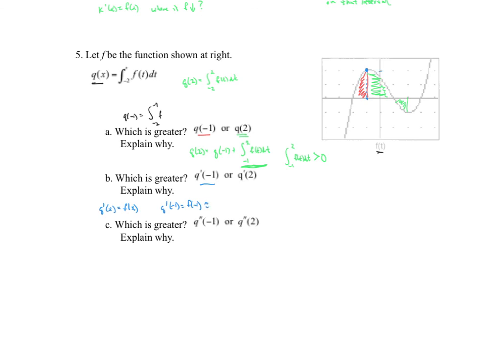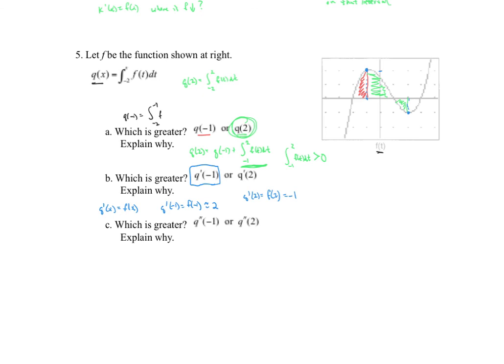So that's going to be about +2. q prime of 2 will be f of 2. And f of 2, we can see, is going to be negative for sure. That's going to be about -1. So that is going to make q prime of -1 the bigger one. And I don't think I said, but this is the one that was bigger on the first one.